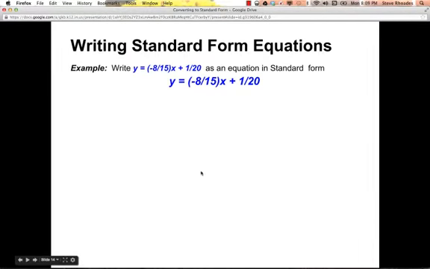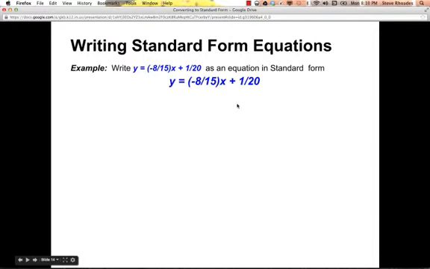In this case, we have the equation y equals negative 8 over 15x plus 1/20. Now, this equation is in the form y equals mx plus b again, with the slope being negative 8/15 and the y-intercept being 1/20.